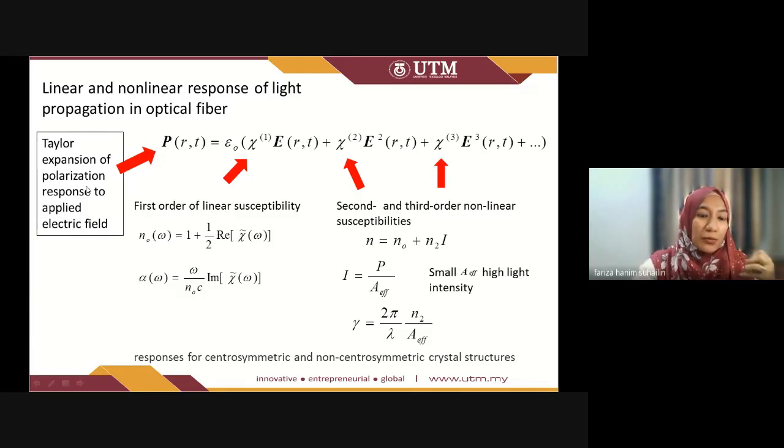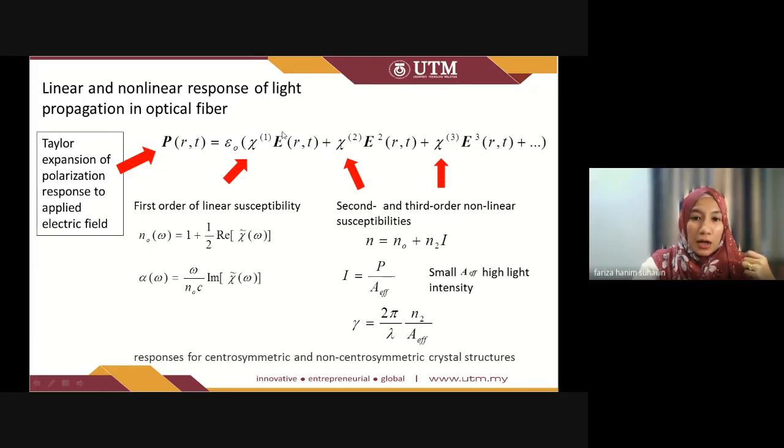And to describe that, we can use the Taylor expansion of polarization with respect to the electric field, where in this expansion we can see there are a few important terms that we can try to understand. For example, we have chi1 here, the first order linear susceptibility, and we have chi2 and chi3 here, which are the second and third order nonlinear susceptibilities. If you look into all these parameters, it's really related to the intensity of light.